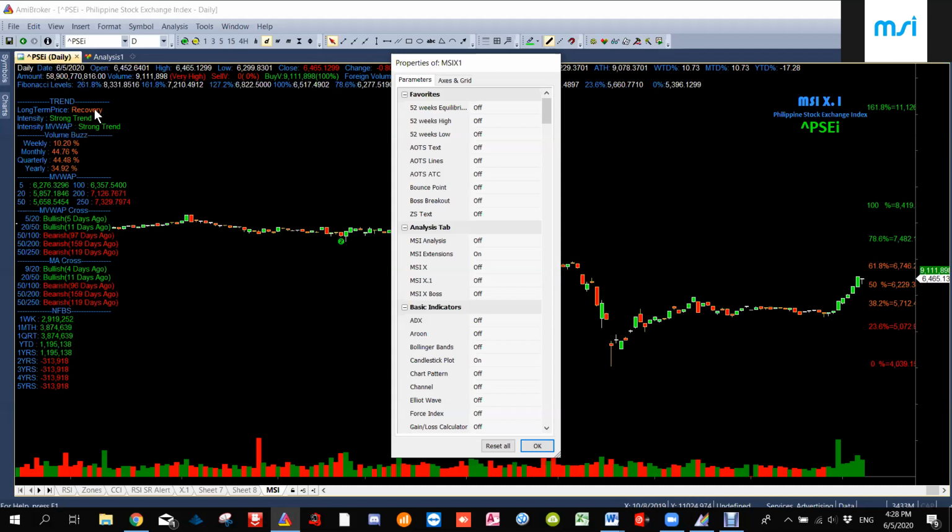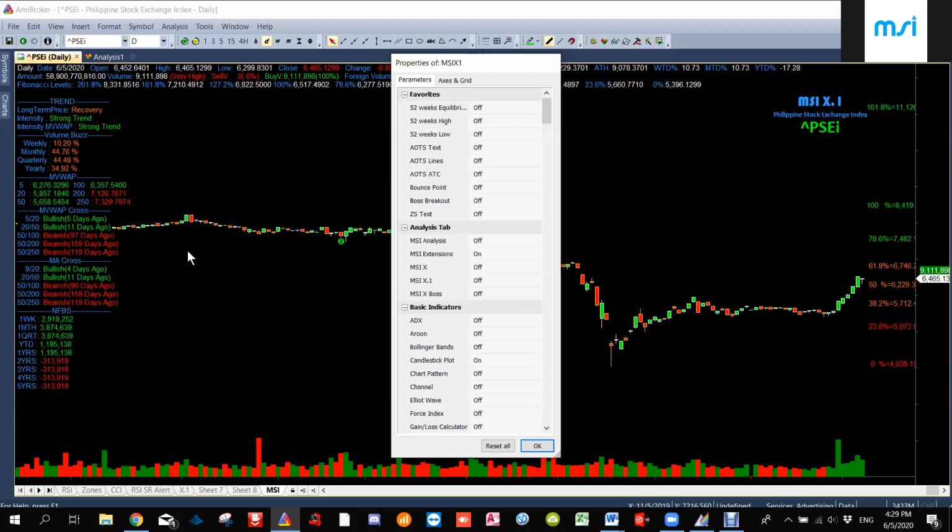Okay, so we have here MVWAP and trend, kung saan papunta yung trend niya. Is it a strong one? What is the long-term price action? Recovery kasi kakagaling niya lang sa downtrend. Okay. Tapos, yung volume buzz niya, kung gaano kalakas ba yung volume na pumapasok sa weekly, monthly, quarterly, and yearly.